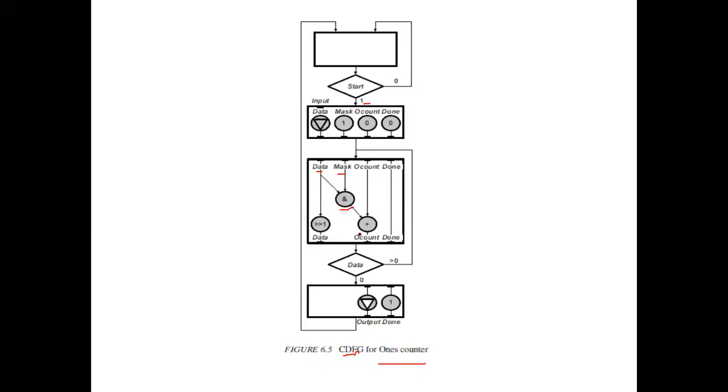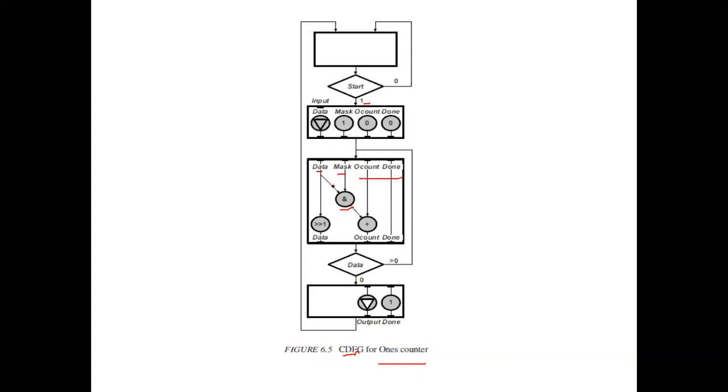After that, output count will be taken, and output count will be equal to output count plus the result. The data and mask value comes as one input, and output count comes as the other input. So output count plus this particular input, data AND mask.